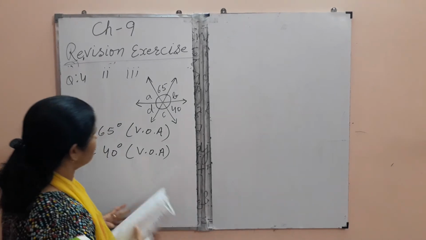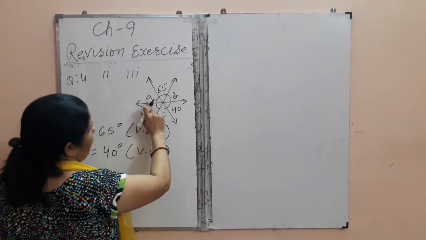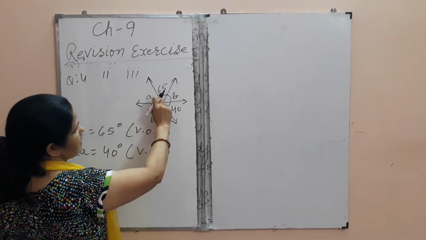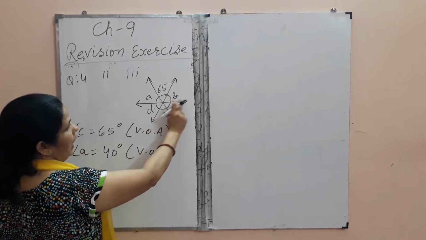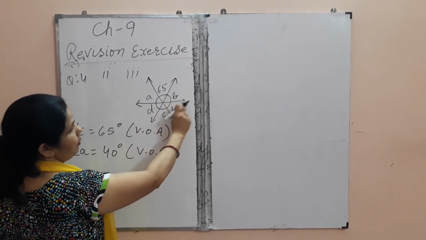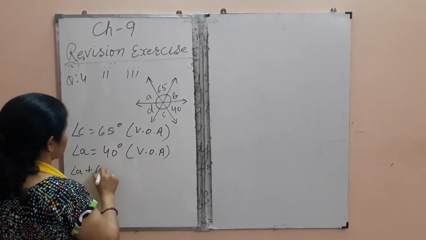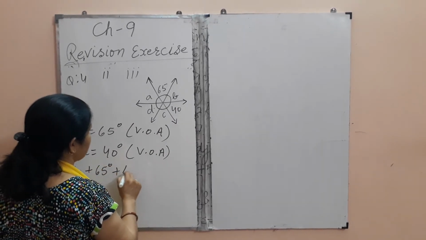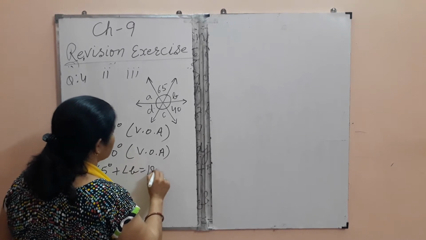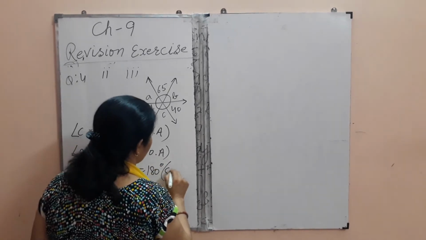Now, B we can find out. A plus 65 plus B are equal to 180 degree because they are forming the straight angle. So angle A plus 65 degree plus angle B equals to 180 degree. Why? Straight angle.